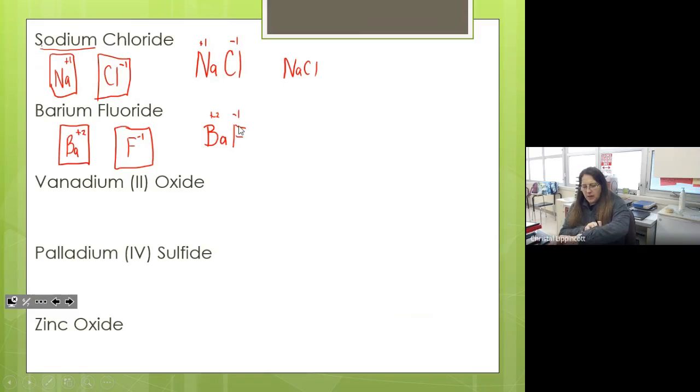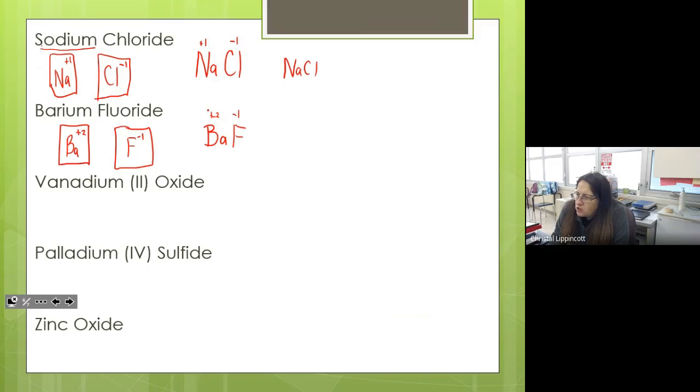I need to have an overall charge of 0 for this. So if I'm at an overall charge of 0, I'm not there right now because right now I'm at a +1, aren't I? You see why I'm at a +1? Okay. So if I'm at a +1, that doesn't work out.